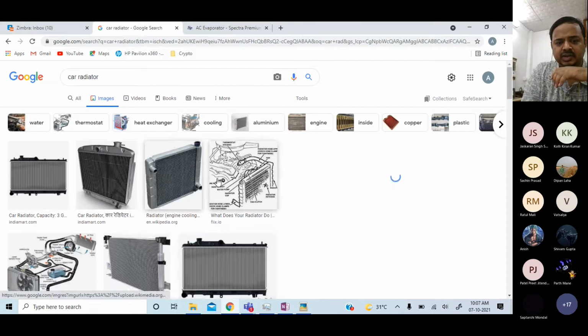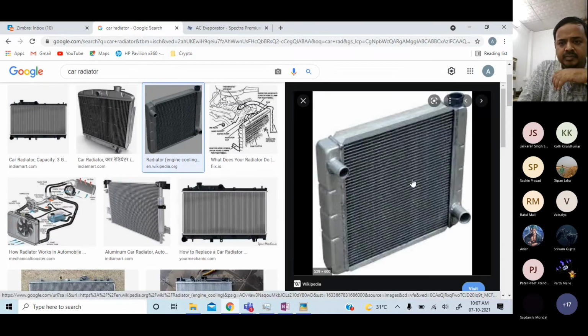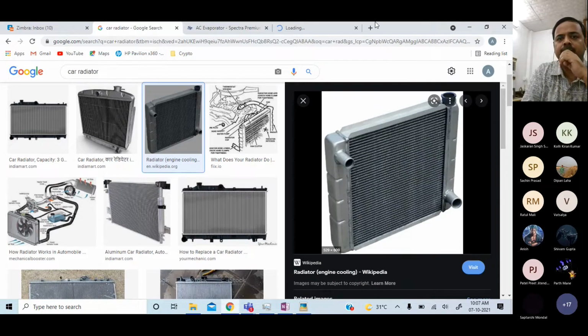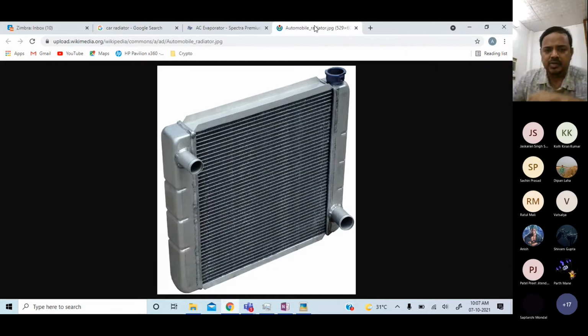The other one is the car radiator. Let us take up this one. Look at this. Again, there are pipes or tubes that run from left to right. There is an inlet over here and an exit over here, or the other way also.